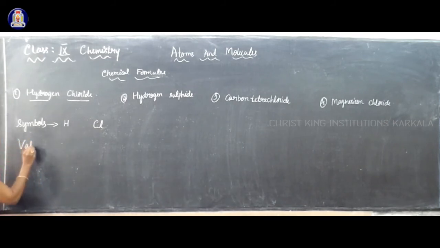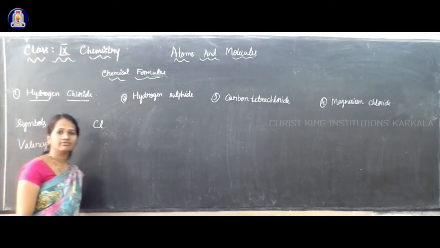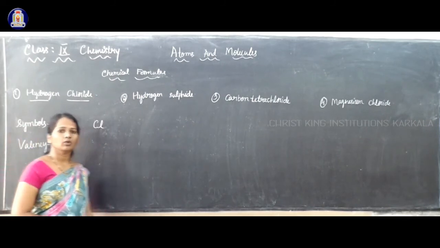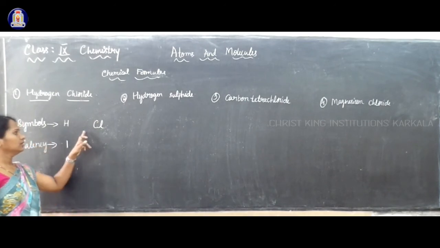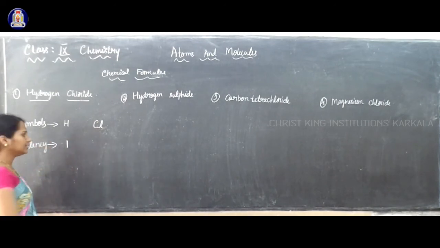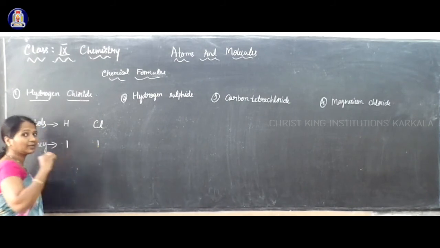What is the valency of hydrogen? I said the valency of hydrogen is 1, and the valency of chlorine is -1.